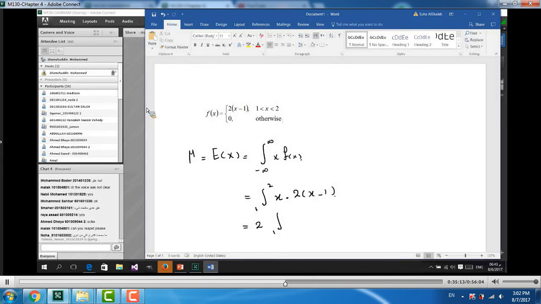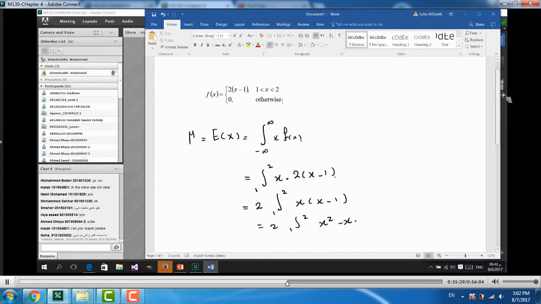And we find the integration as usual. The integration is 2 times x cubed over 3 minus x square over 2 from 1 to 2.